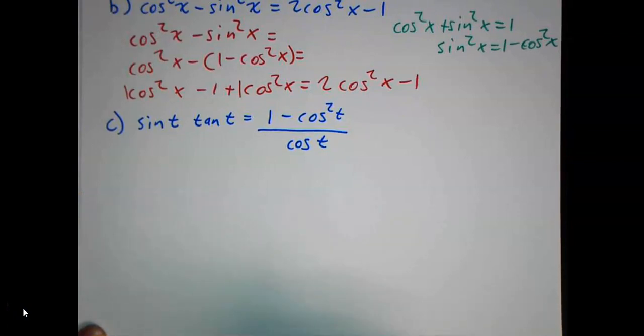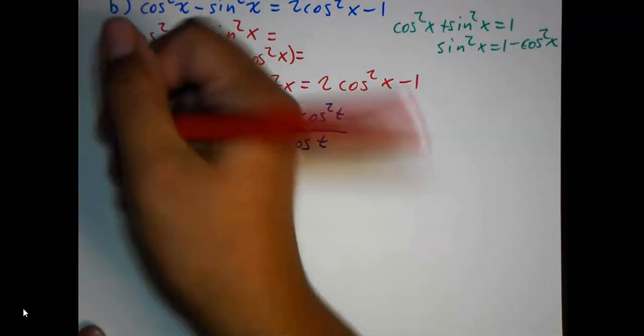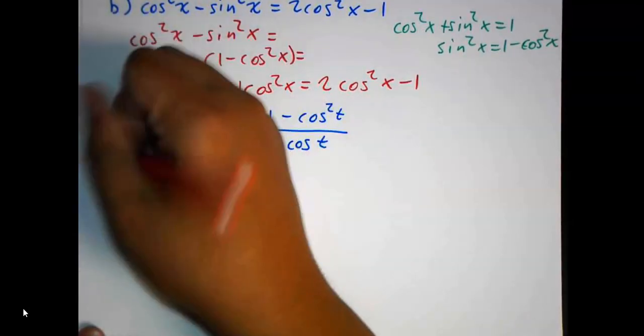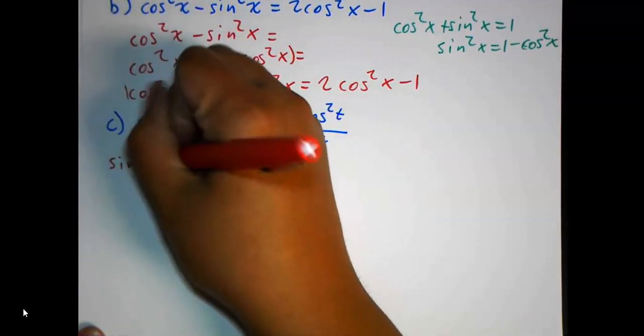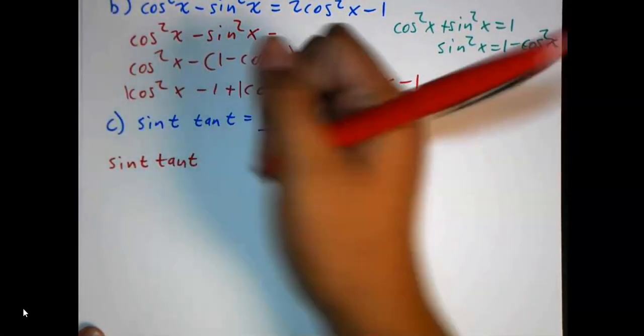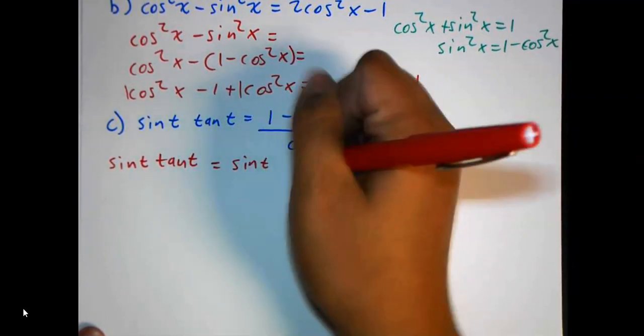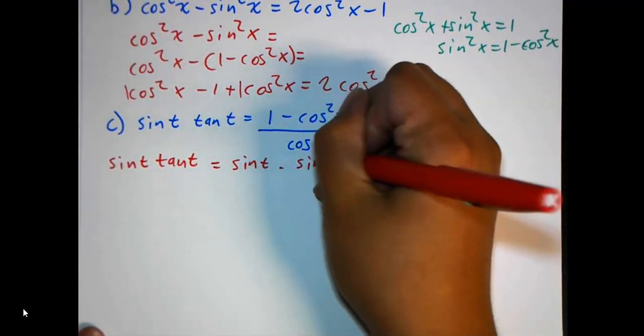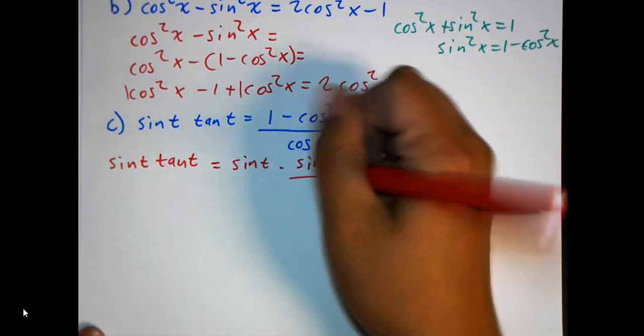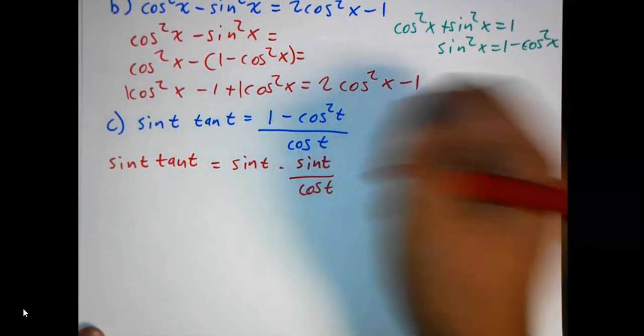Okay, so this is letter C, sine of t times tan of t equals 1 minus cosine squared of t over cosine of t. I'm going to copy again my left side, so sine of t, tangent of t. I'm going to rewrite tangent in terms of sine and cosine, so it'll be sine of t over cosine of t.